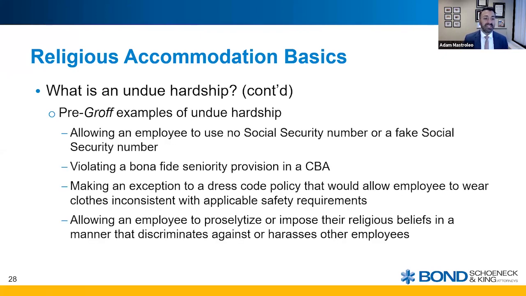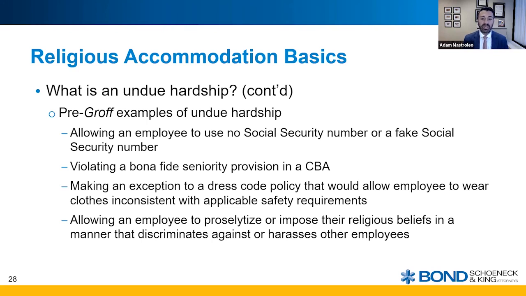We know from case law that before Groff, here are some examples of what constituted an undue hardship. Allowing an employee to use no social security number or a fake social security number. Violating a bona fide seniority provision in a CBA. I think that one's still going to remain. Making an exception to a dress code that would allow the employee to wear clothes inconsistent with safety requirements.